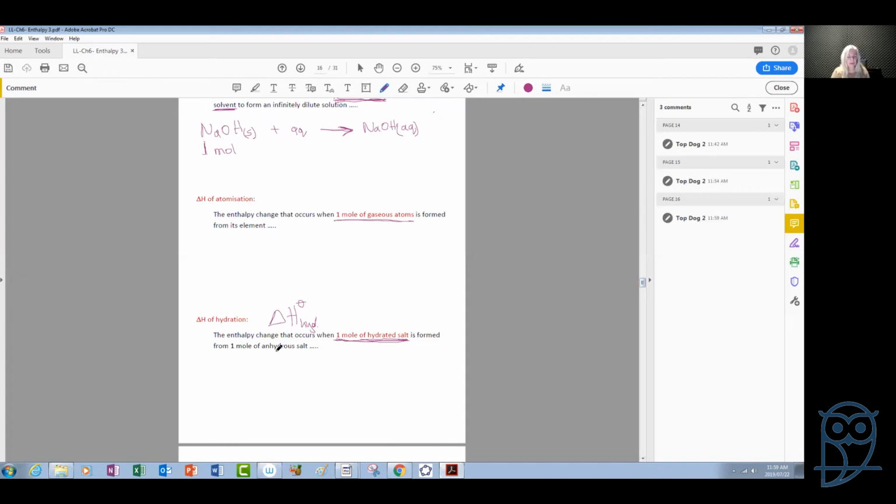The enthalpy change of hydration is when some salt usually reacts with water and produces a hydrated salt, which is solid. It's not a solution. For example, here they have sodium thiosulfate. Let's write down this reaction.